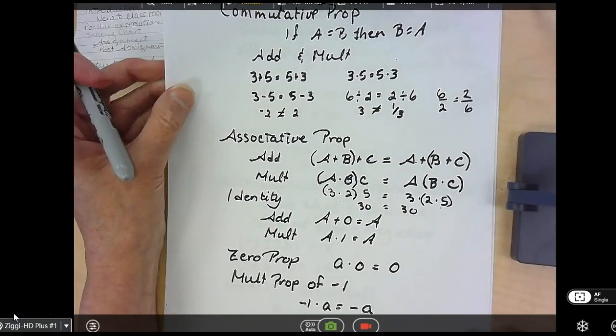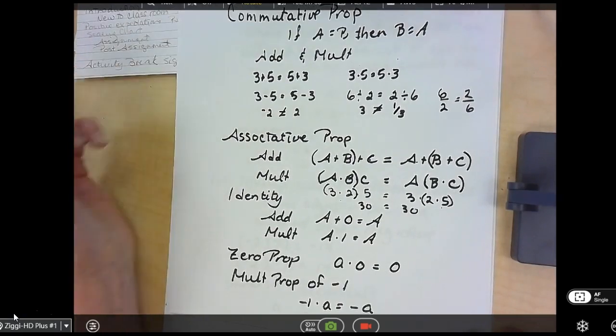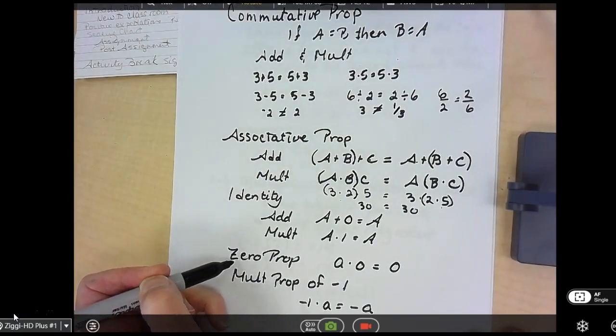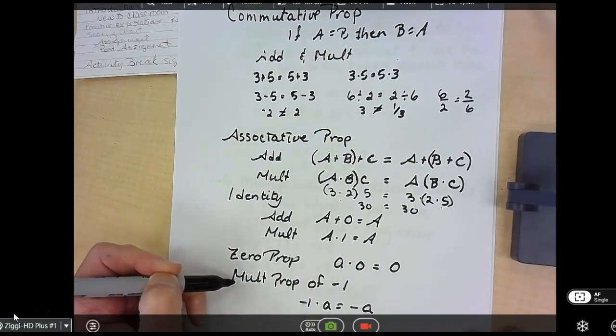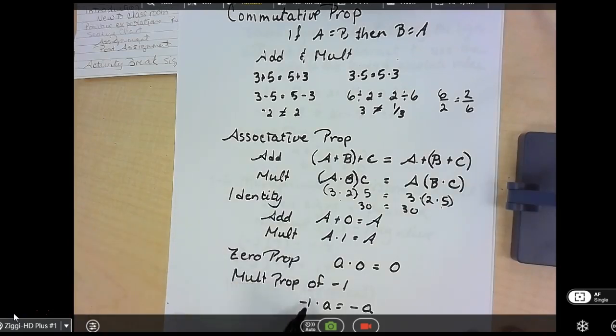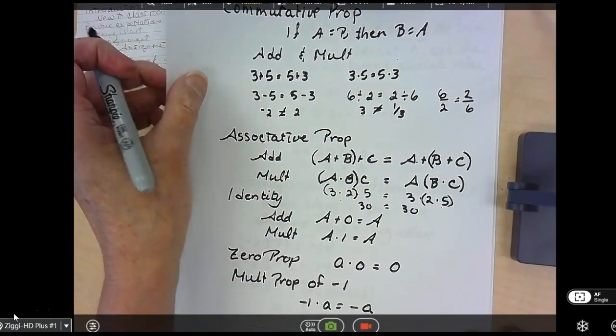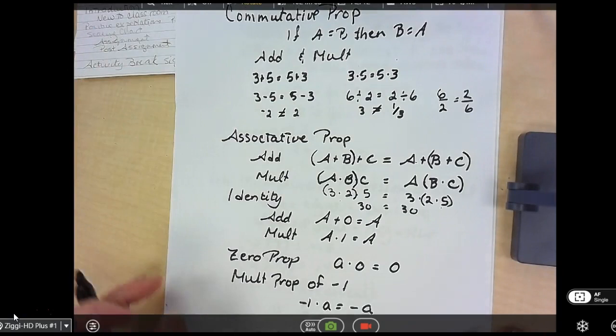And then we have 2 last properties of 0 property. Anytime you multiply by 0, you end up with 0. And multiplication property of -1. Anytime you multiply through by a -1 times an A, you get -A. And that ends all of 1-3 and 1-4.